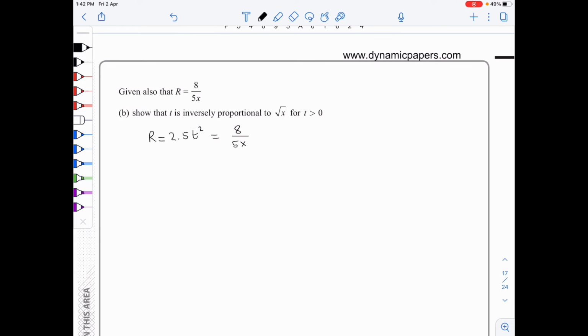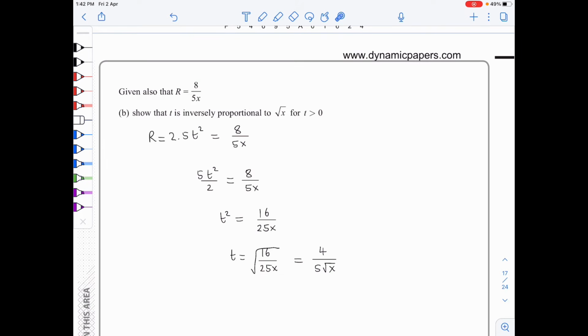So, I'm just going to concentrate on the relationship between T and x here to say that 5T squared over 2 is 8 over 5x. So if I cross multiply, I'm getting that T squared is 16 over 25x. So T is the square root of 16 over 25x, which is 4 over 5 root x.